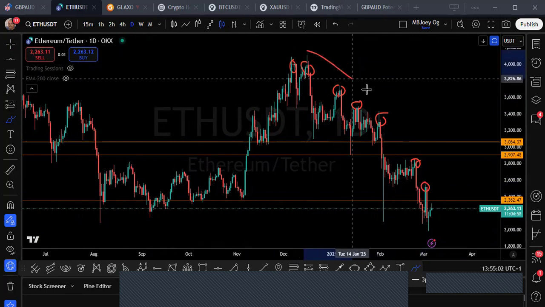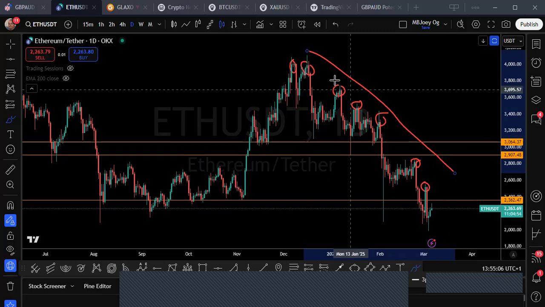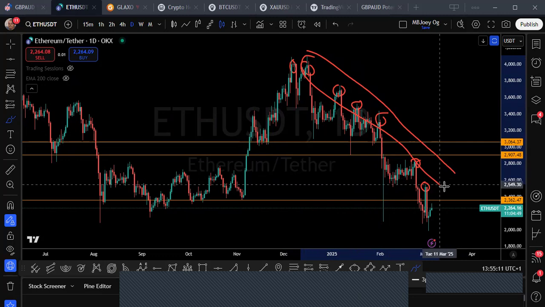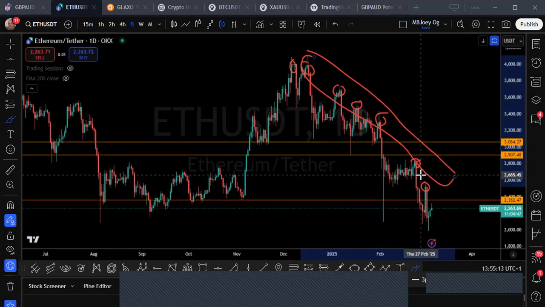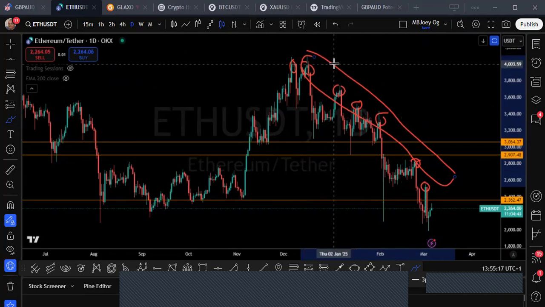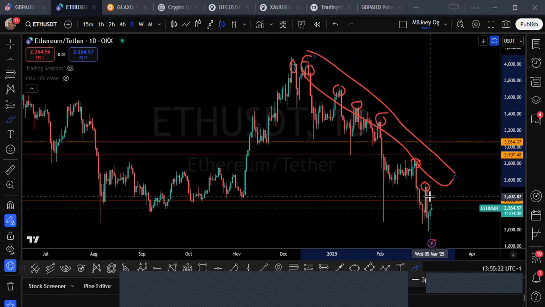So if you look at it, price is consistently going down. If we want to connect these dots, we can connect it like this. Now, all of this together, coming down like this, is what we call the downtrend, right?